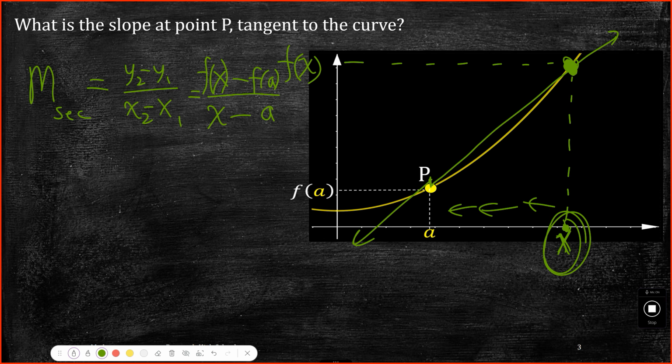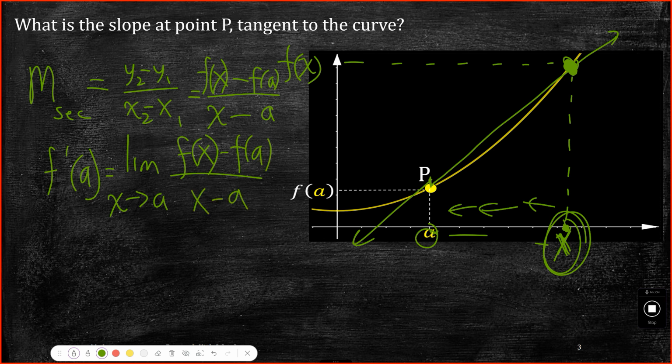And we're just going to put on that limiting idea of having x get closer and closer to a. So now the derivative at that point, f prime of a, will equal the limit as x approaches a of this quotient, f of x minus f of a over x minus a. This is the second definition of the derivative. There are two definitions of the derivative that we have to go over.